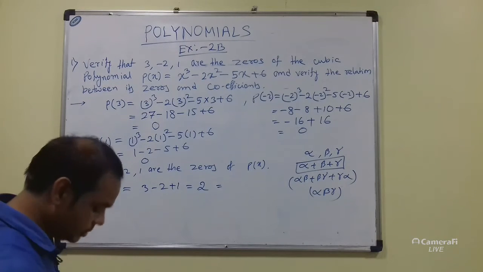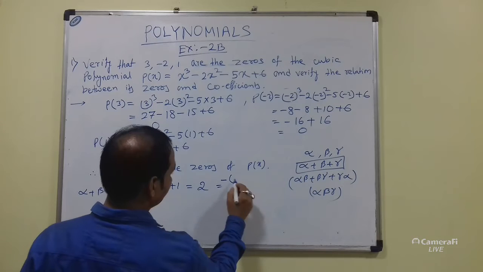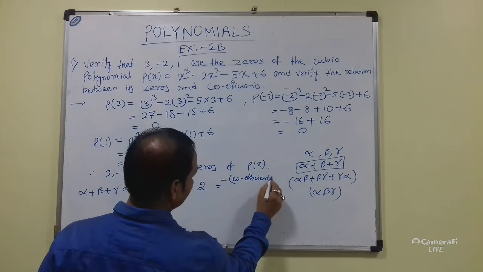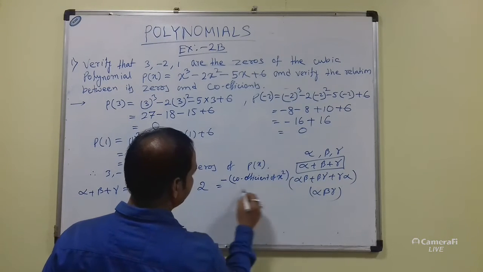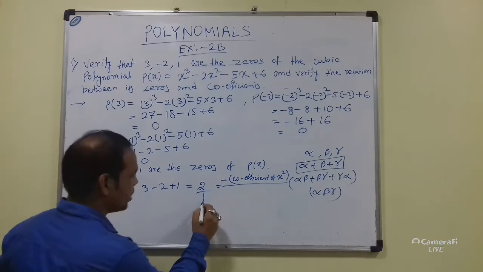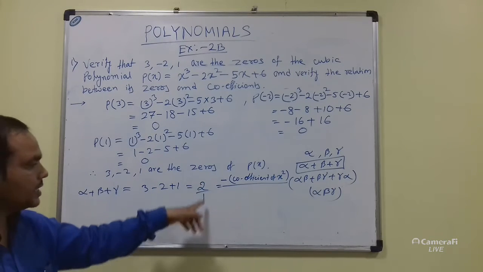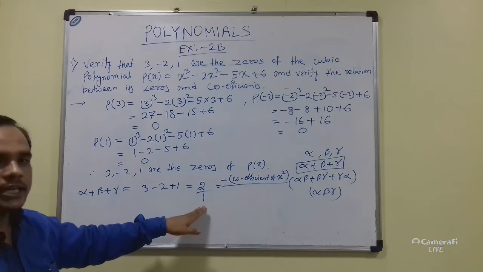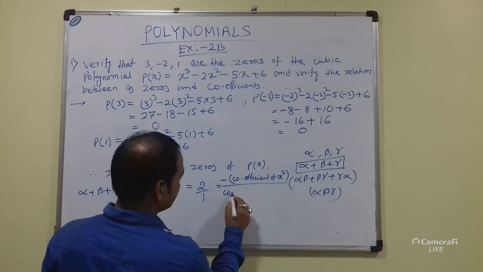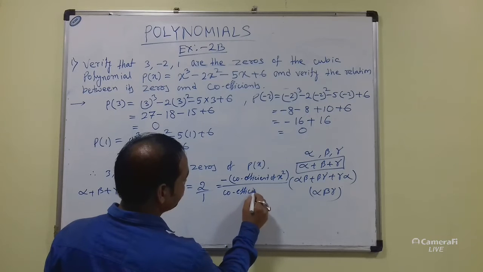So it will be minus of the coefficient of x square by, and we can write 1 as the denominator, so 2 can be written as 2 by 1, and 1 is the coefficient of x cube.